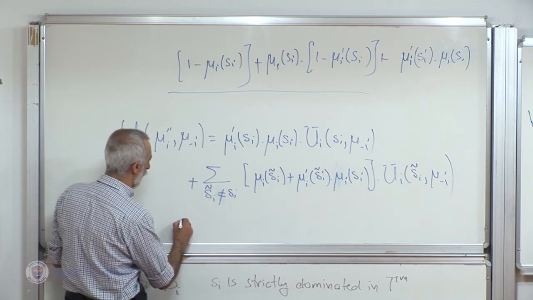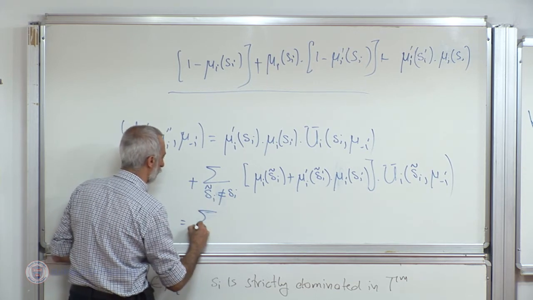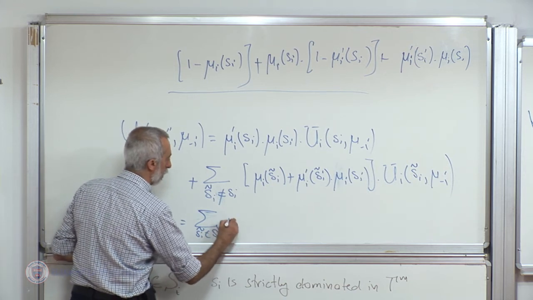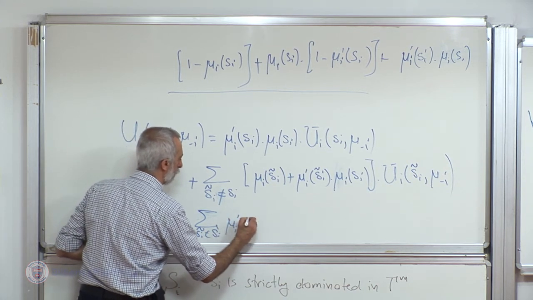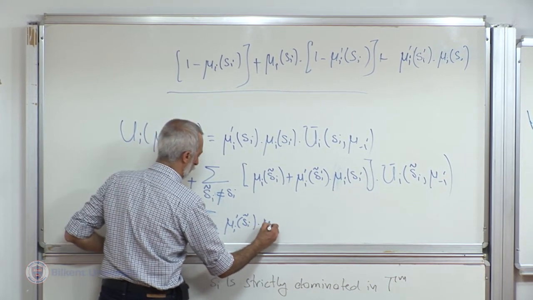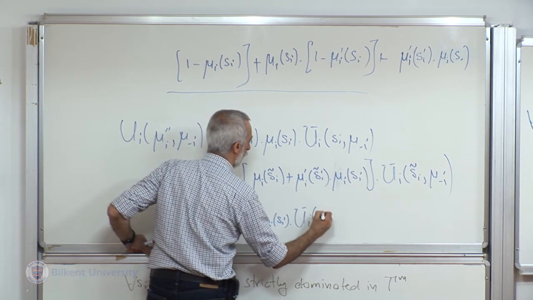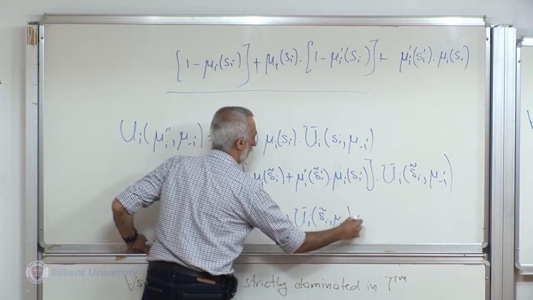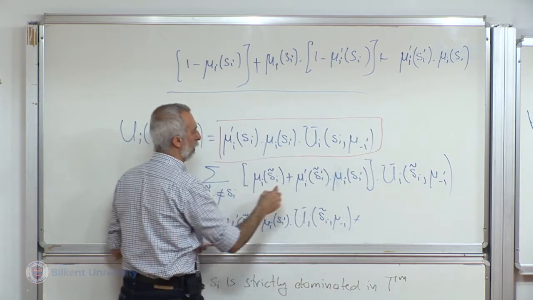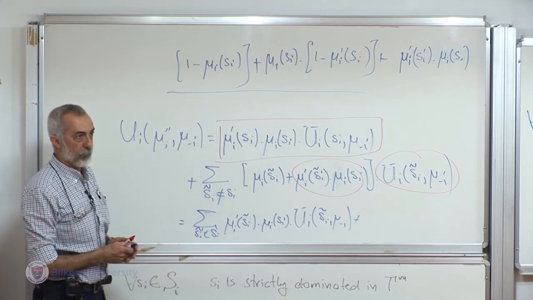So we can write this as the summation of sigma_i tilde over capital S_i, mu_i prime(S_i tilde) times mu_i(S_i) times U_i(S_i tilde, mu_minus_i), plus, so that comes from this part together with this term, right?